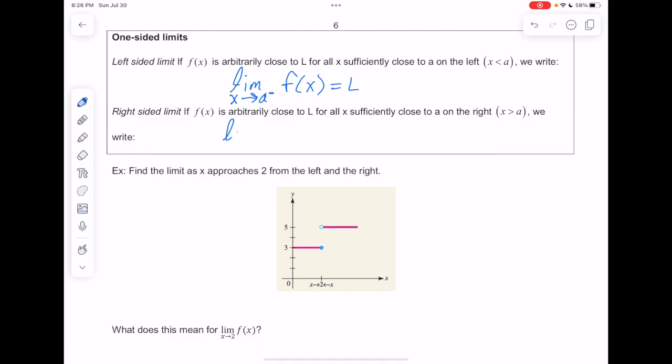The way we would write that one is the limit as x approaches A from the right, and we say from the right by putting a plus in the exponent spot on that A.